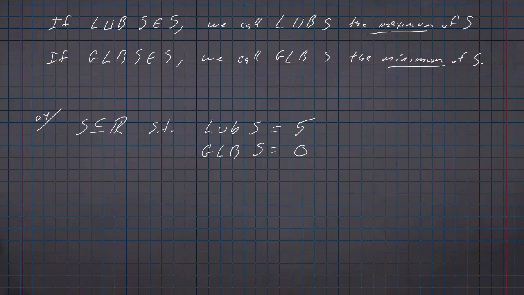Consider a set S, subset of the real numbers, so that the least upper bound of S is 5, and the greatest lower bound of S is 0.